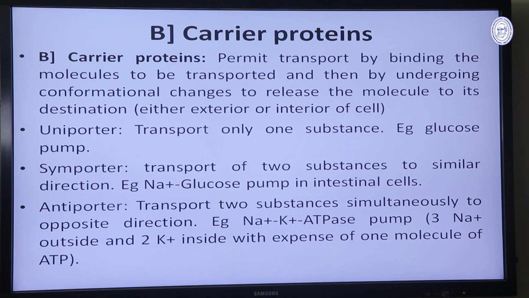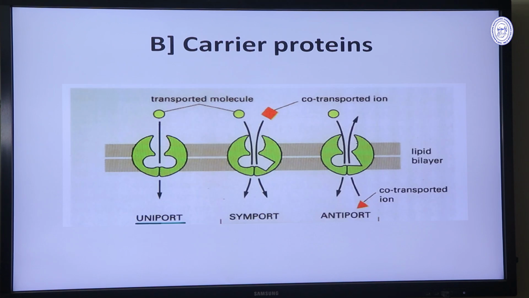So, sodium and glucose will be pumped inside this kind of cells simultaneously in the same direction. Antiporter transports two substances simultaneously but in opposite directions, like the sodium potassium ATPase pump, where sodium gets outside and potassium gets transported inside at the expense of one molecule of ATP.